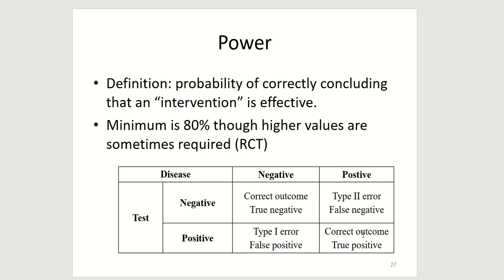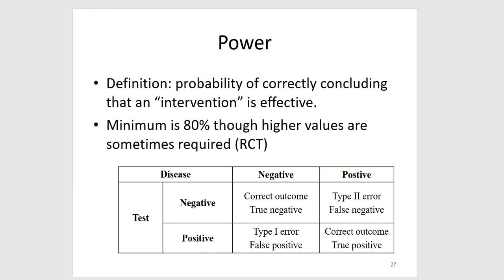So it's the probability of being able to detect an effect, an impact, that really exists. Now, the minimum power is 80%. Some researchers, for example in RCTs, want a 90% power or a 95% power, but the minimum is 80%. If you go below 80%, that would be problematic.